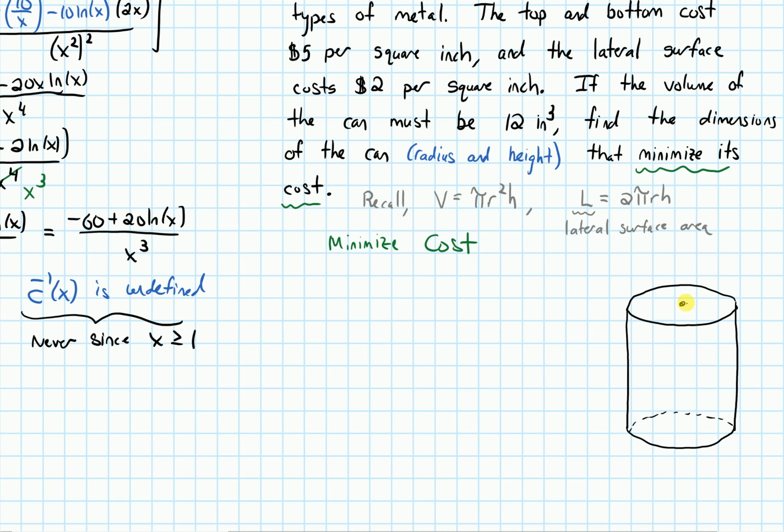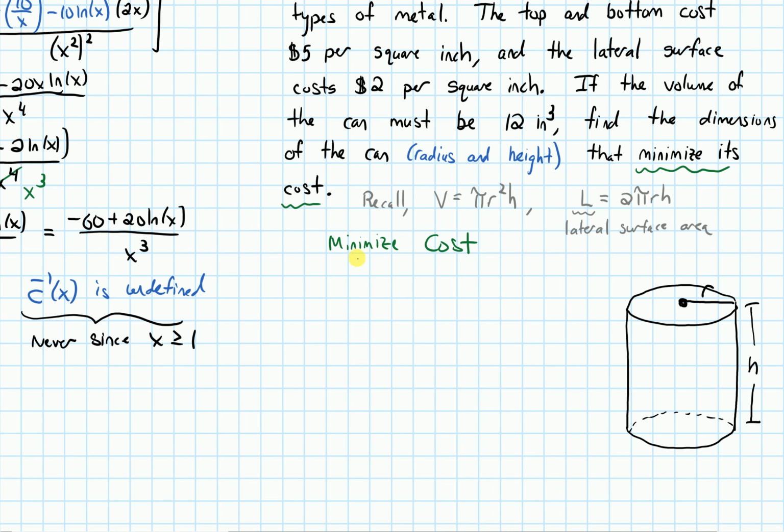Then let's draw in a radius. I'm labeling the variables I'm going to need: the radius r, and the height, which I'll call h. Ultimately, my goal is to figure out what r and h minimize the cost.